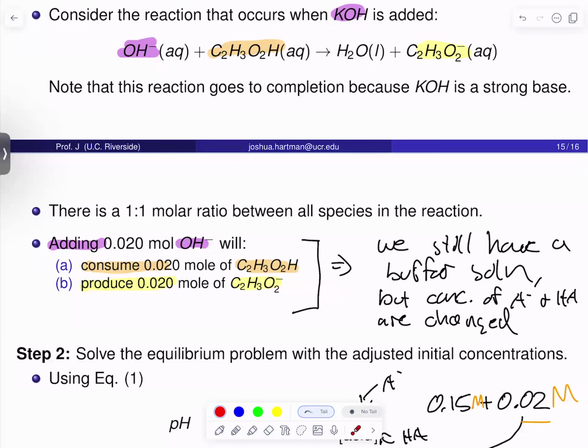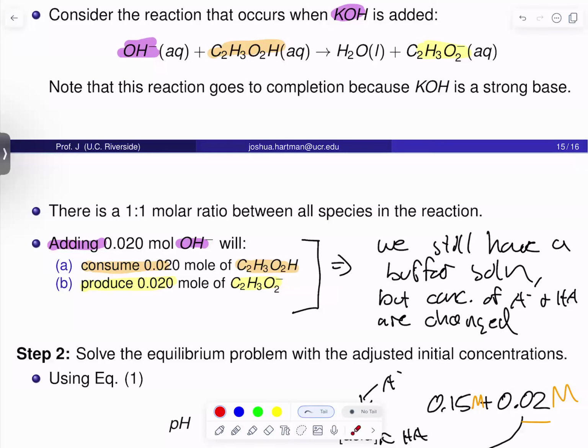Okay, so if this reaction is going to completion, and we look at our balanced chemical reaction equation, we see that there's actually a 1-to-1 molar ratio between all species in the reaction. We find that by adding 0.020 moles of OH minus, we will consume 0.02 moles of our acetic acid, and then we will produce 0.02 moles of acetate conjugate base.